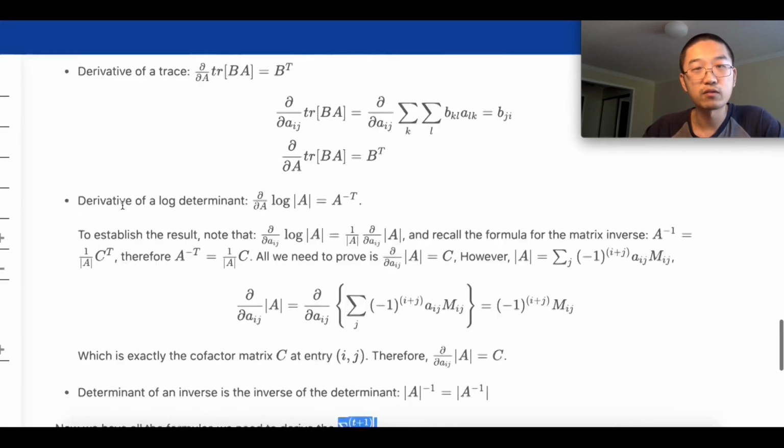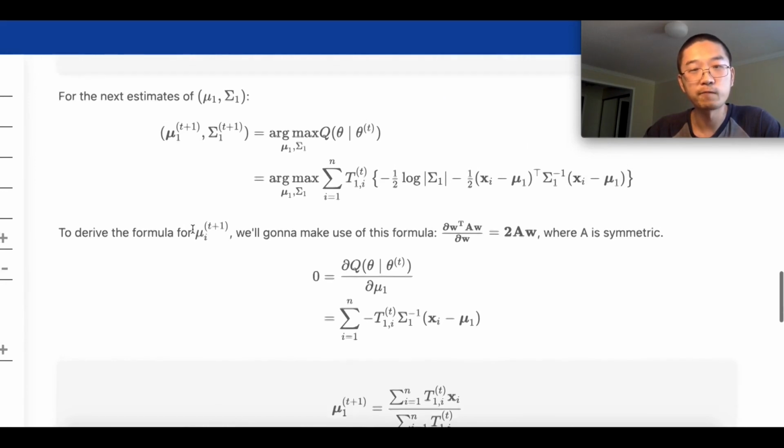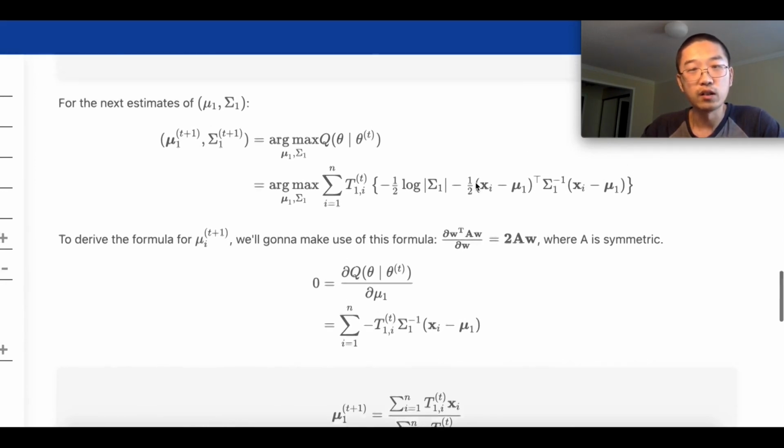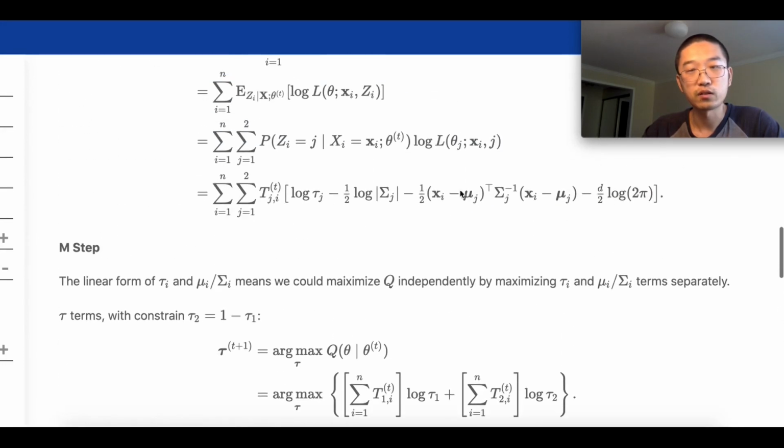So let's go to the terms we need to maximize. We need to maximize the whole term here, removing the log tau j and removing the last constant, d over 2 log 2 pi.